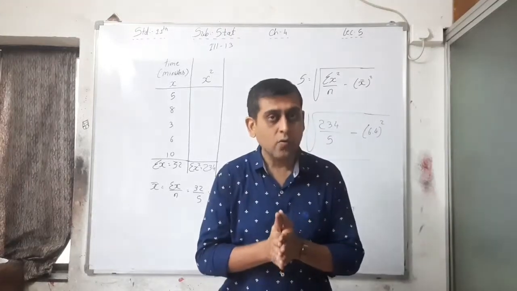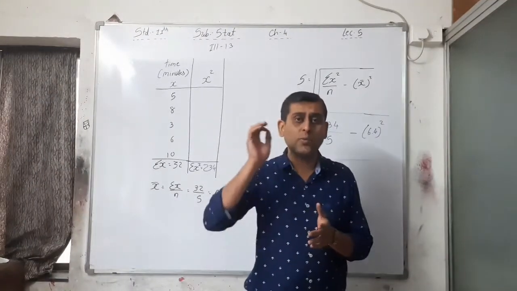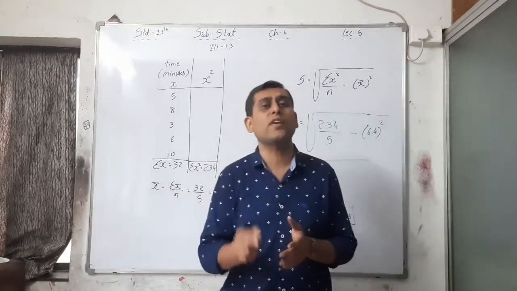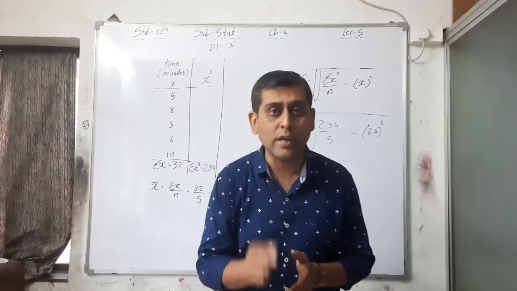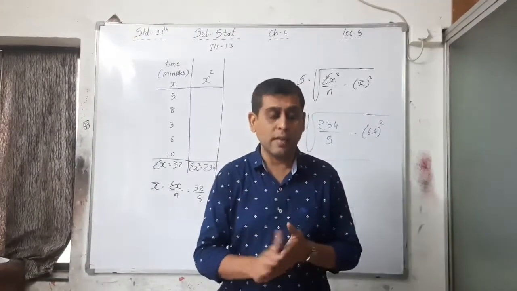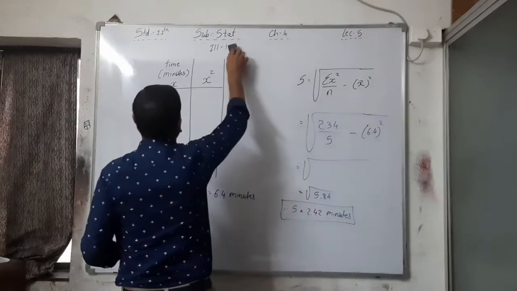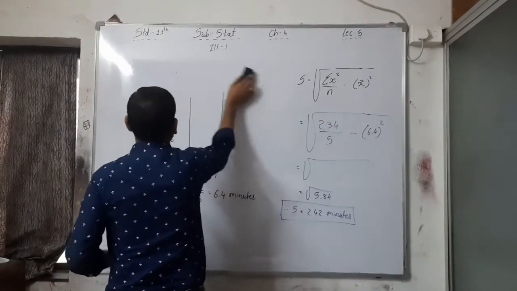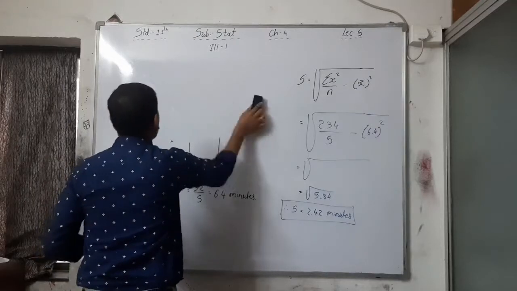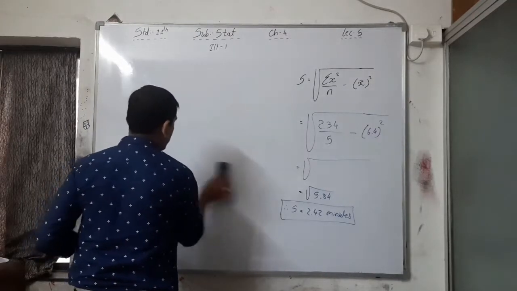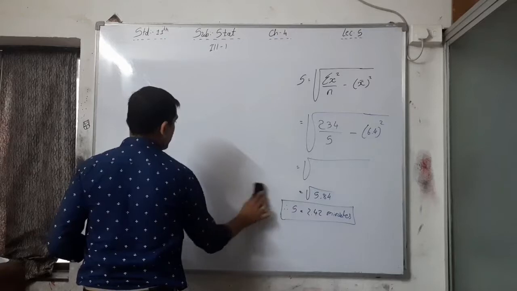Okay, so here we have to find out the standard deviation. It is specifically asked in this question that you have to take the shortcut method. That means you have to do this sum by shortcut method. Okay, so here I am doing that. See that it is not easy, that's why I am doing that here.